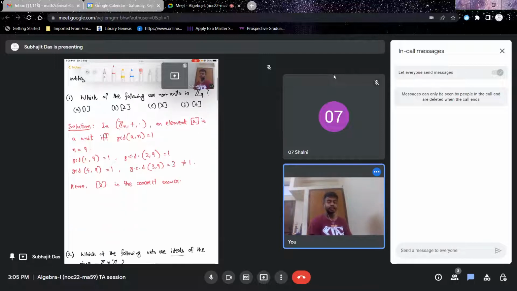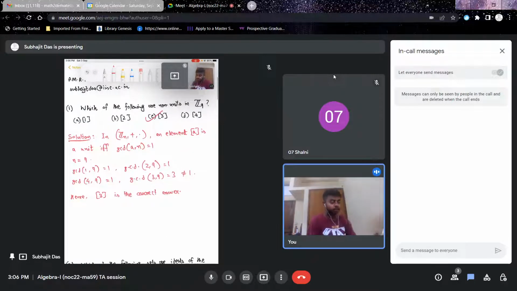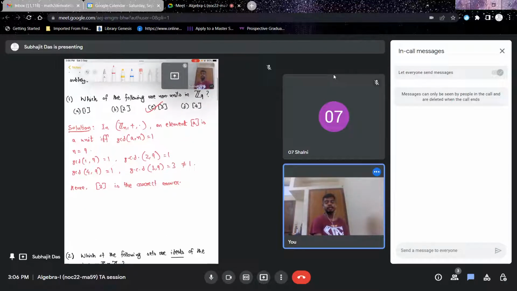This you know, right? Yes, sir. Precisely, the group of units of Zn is just Zn cross, or Un, which you popularly know. So 3 is the correct answer here because only the GCD of 3 with 9 is different from 1.